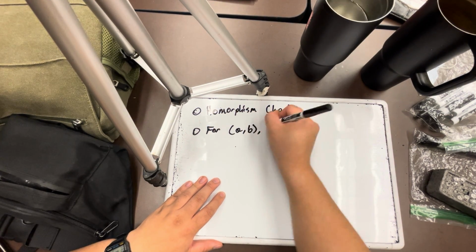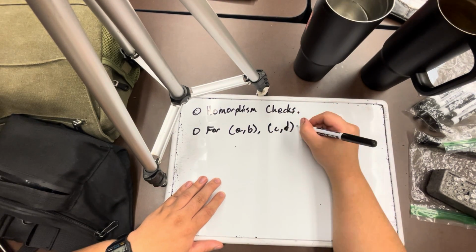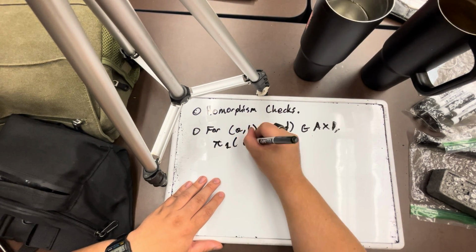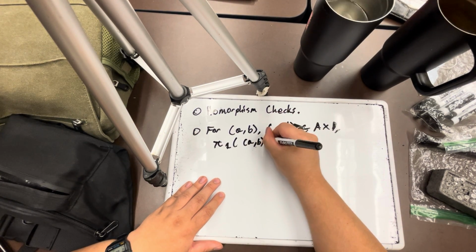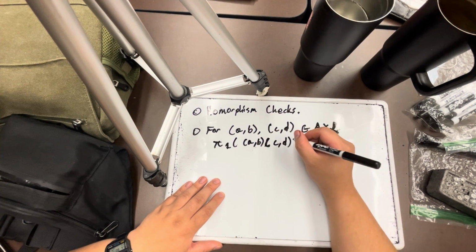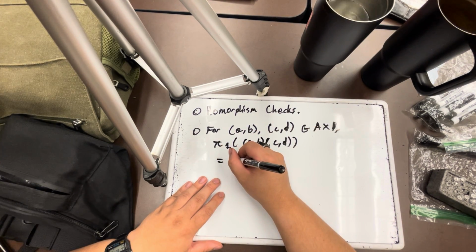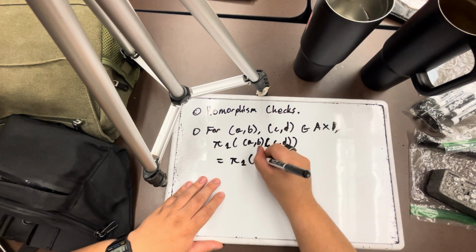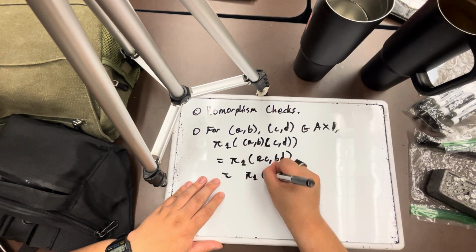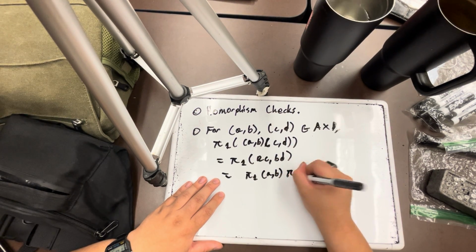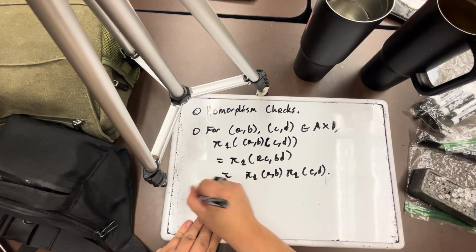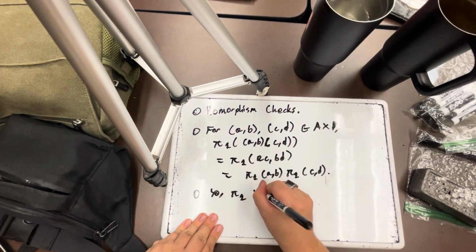For (A, B) and (C, D) within A cross B, pi sub 1 of (A, B) times (C, D) is equal to pi sub 1 of (AC, BD), which is equal to pi sub 1 of (A, B) times pi sub 1 of (C, D). So pi sub 1 is a homomorphism.